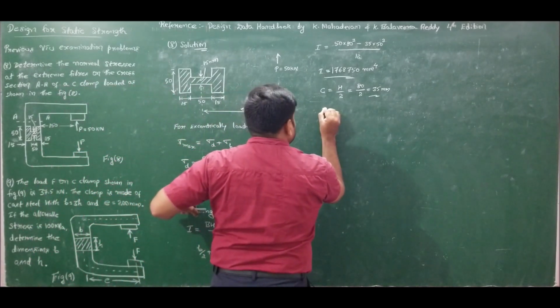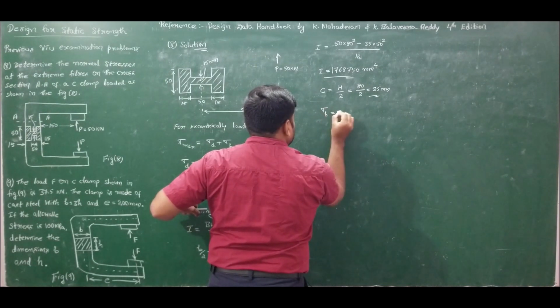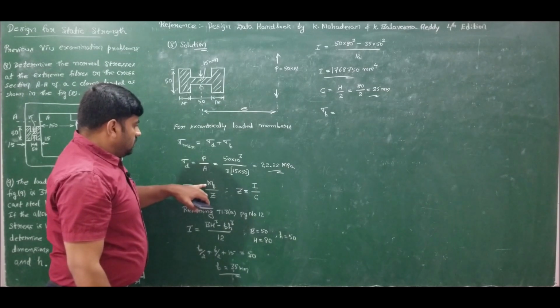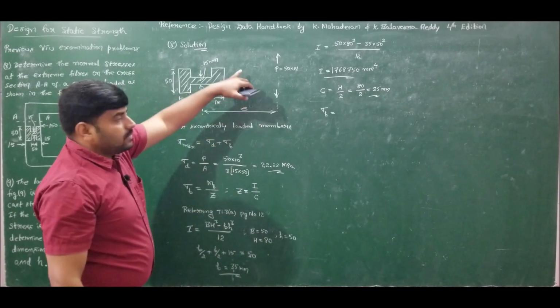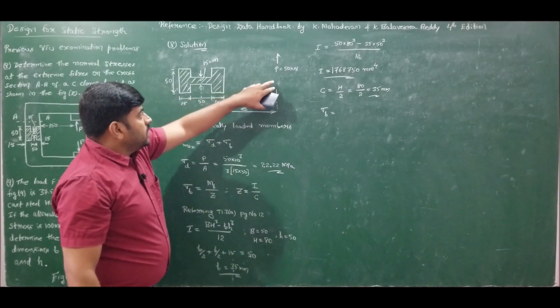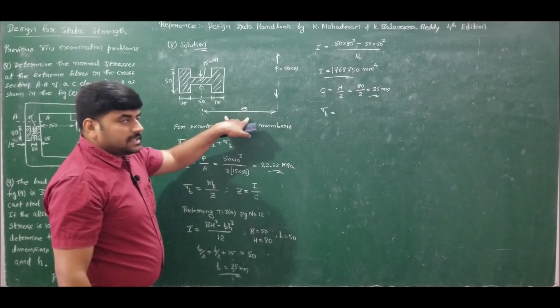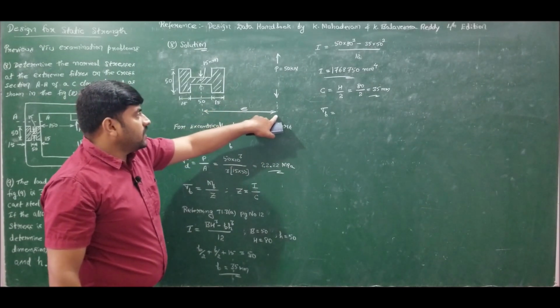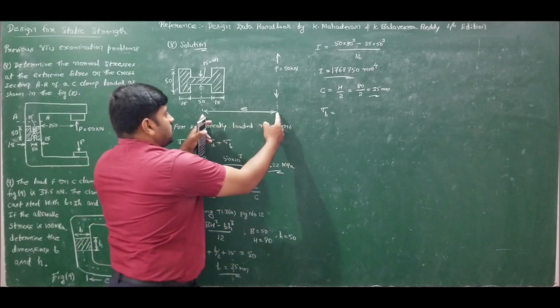So we know all the values, so therefore I can find how much is the bending stress. Sigma bending will be equal to bending moment. Bending moment for an eccentrically loaded member is load into eccentricity, where eccentricity is nothing but the distance from the centroidal axis to the load line or line of action of force. So this distance is what I should take.